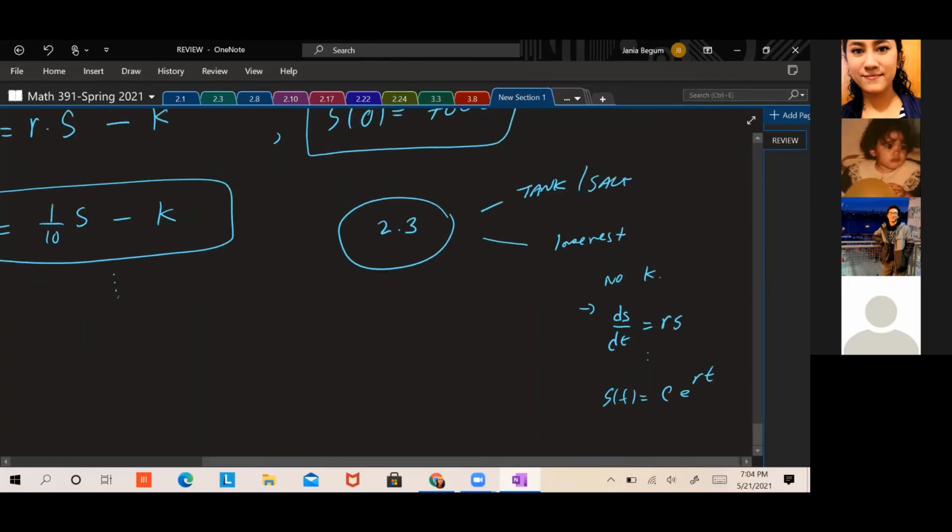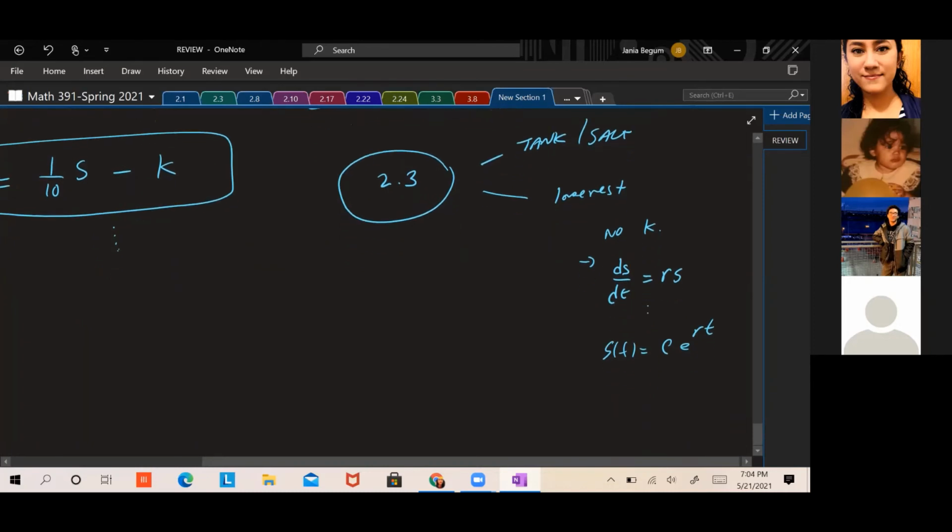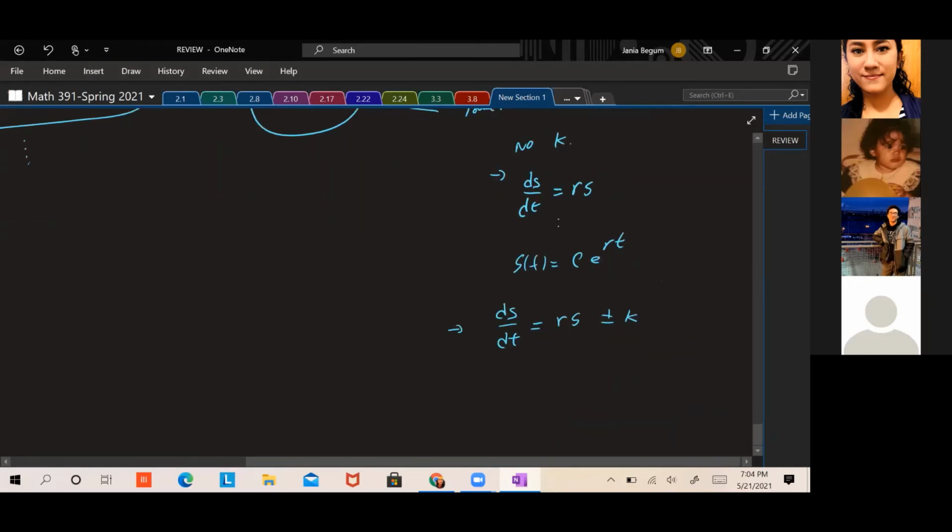But when there is a K involved, we modified it. So our differential equation now becomes ds/dt is r times s plus or minus K. And then we break this into cases. What would happen if K is positive? What would happen if K is negative? Do you guys remember what the solution is?